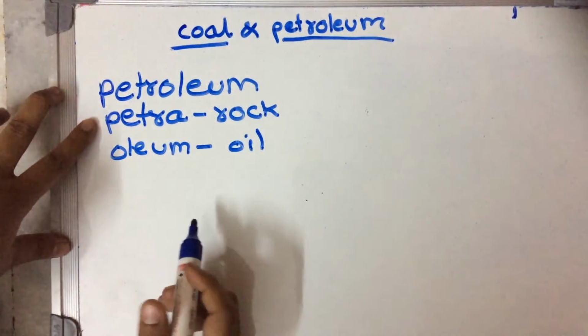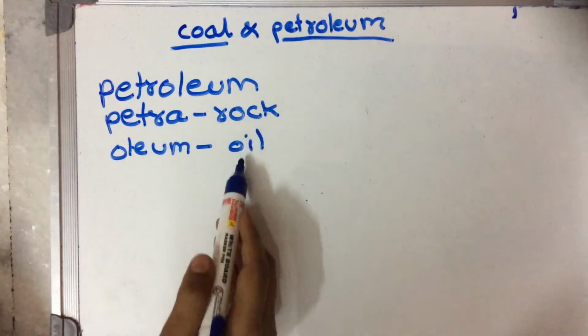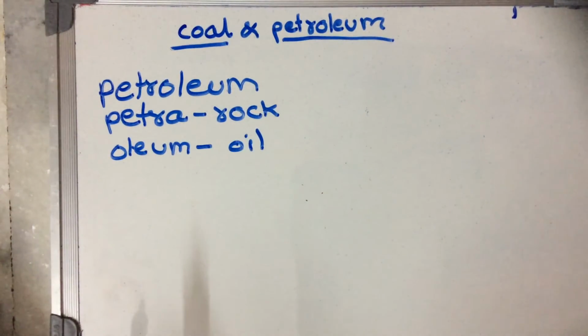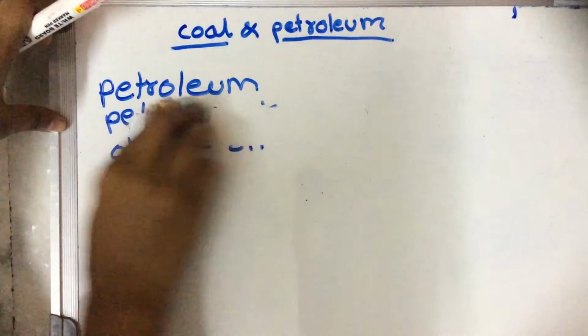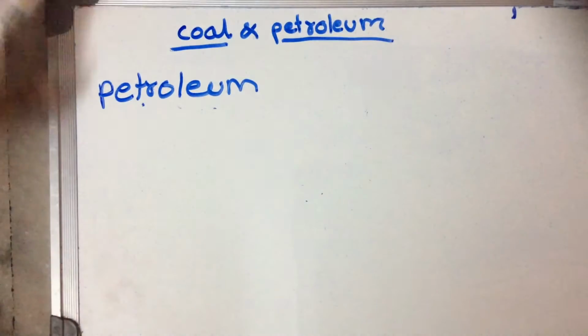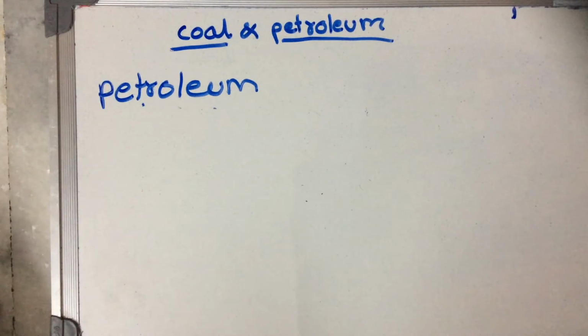So they joined this rock, oil. The word petroleum is used to describe a broad range of hydrocarbons that are found as gases, liquids or solids beneath the surface of the earth.